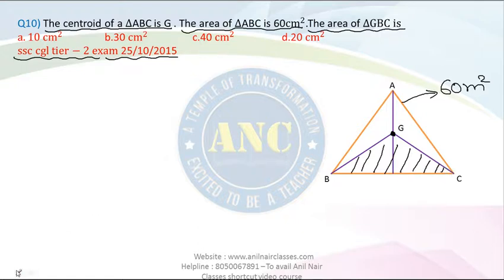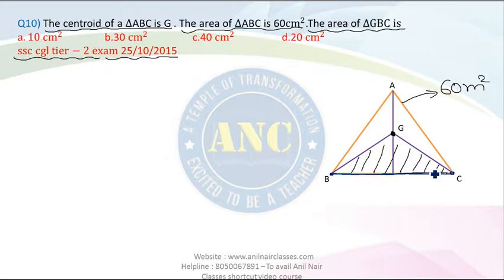Now think logically. One of the triangles is ABC, another triangle is GBC. Can I say that the base for ABC is BC, right? What is the base of triangle ABC? It is BC. Another triangle is GBC. What is the base of triangle GBC? Base of triangle GBC is also BC.